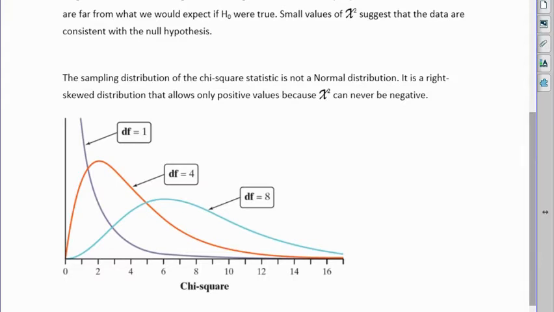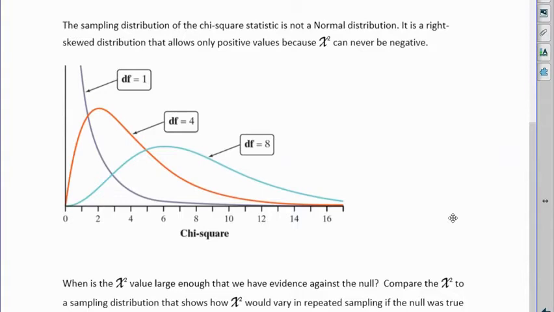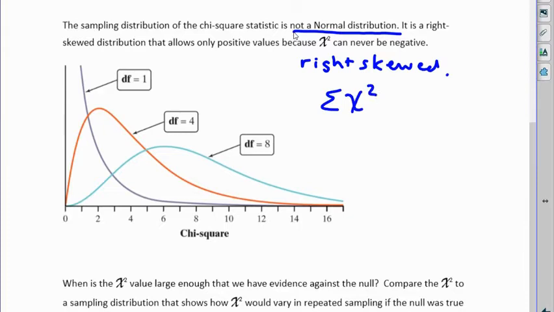Okay, so the chi-squared distribution for the chi-squared statistic, as I said, is not a normal distribution. Never say that it's a normal distribution. It is a right skewed distribution, as you can see. And if we find the sum of all the contributions of chi-squared from each of our categories, let's say that sum was 9.0, I can put my 9 on that chi-squared measure, and I would be looking for evidence.